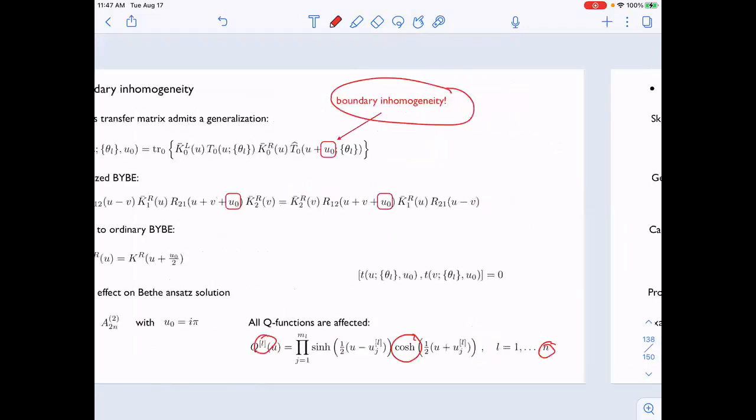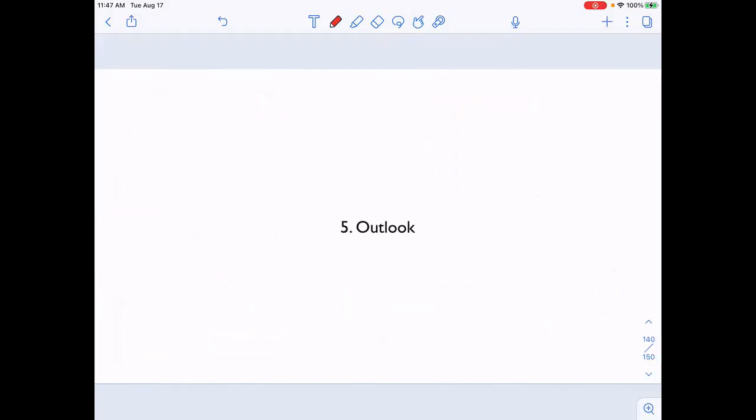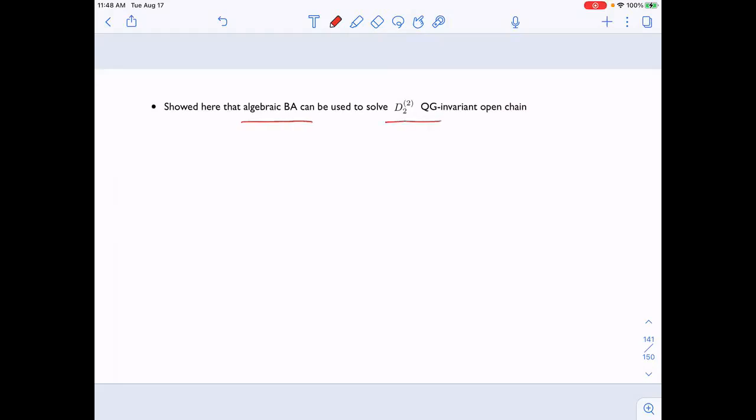Okay, so let me conclude. What we showed here is that the good old-fashioned algebraic beta ansatz can be used to solve this D22 quantum group invariant open chain.